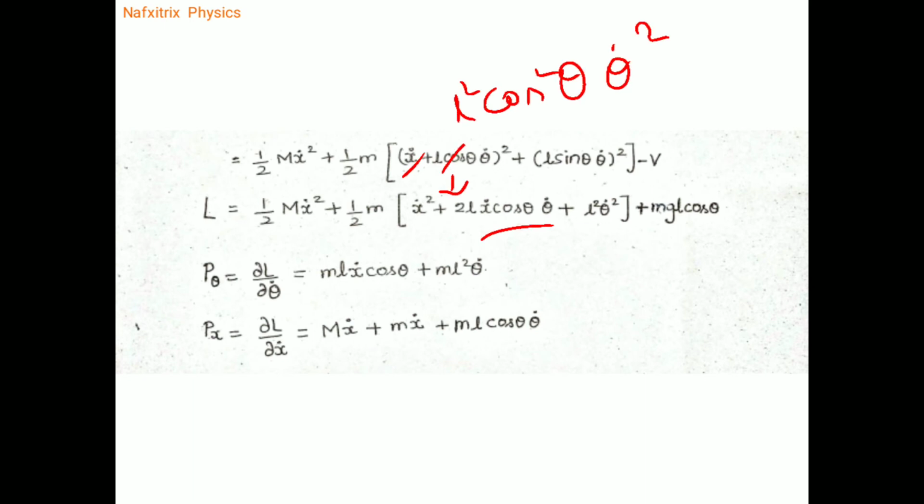And here if we square this, we get L square sin square theta theta dot square. Both of them add up, so L square theta dot square can be taken common, and cos square theta plus sin square theta is nothing but 1. So finally we have this term, and this is the final term, and this is the potential energy as we have derived, mgL cos theta.